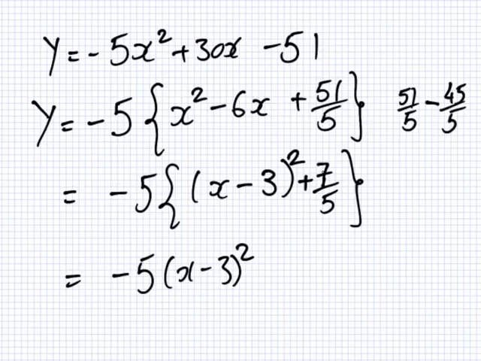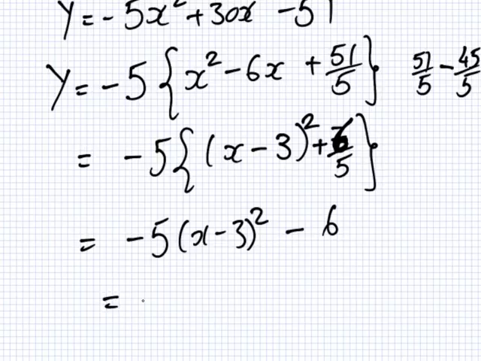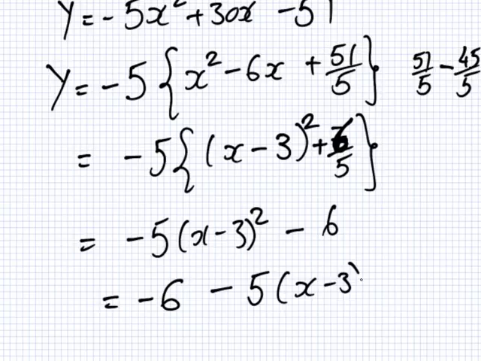Oh, I wrote 7. Sorry. Yes, it's 6. Right. Okay. So this equals minus 6 minus 5 times x minus 3 squared.